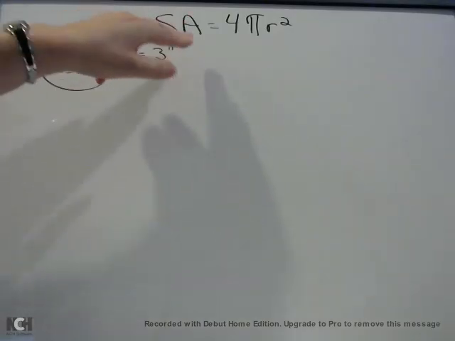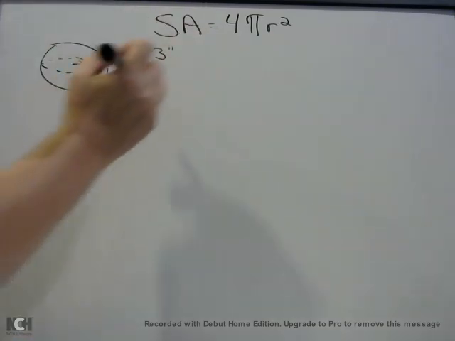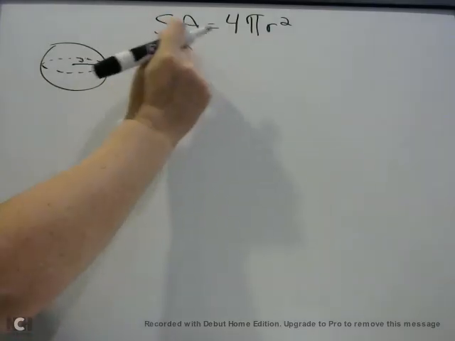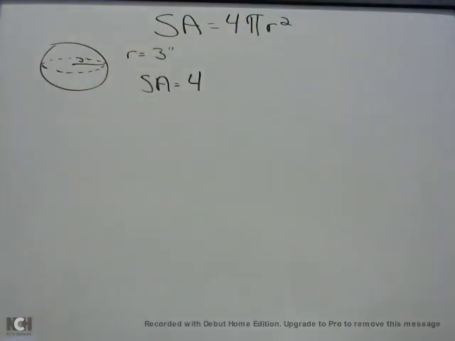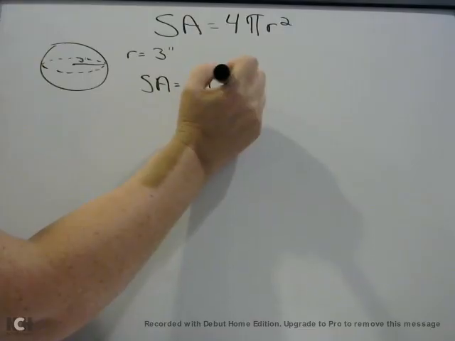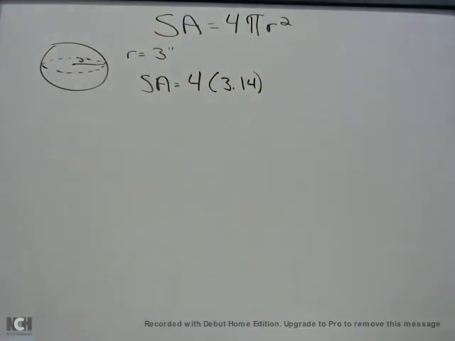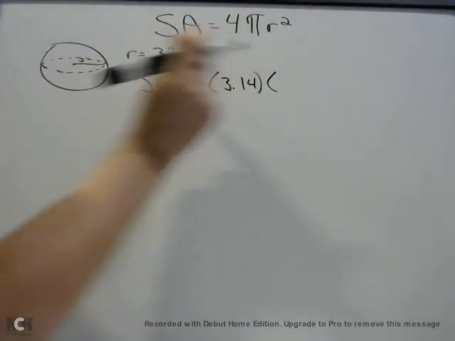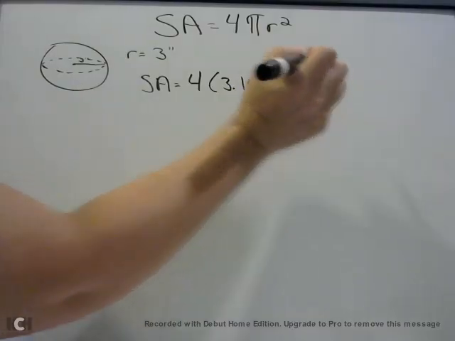All we're going to do is look up on our formula sheet the surface area for a sphere, and then plug in what we know. So surface area equals 4 times pi, and we want the exact answer, so we're going to plug 3.14 in for pi, because pi is just a number, times radius squared. They're giving us that the radius is 3, so 3 squared.